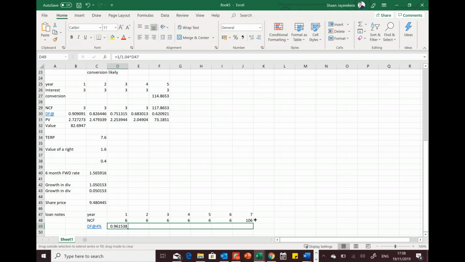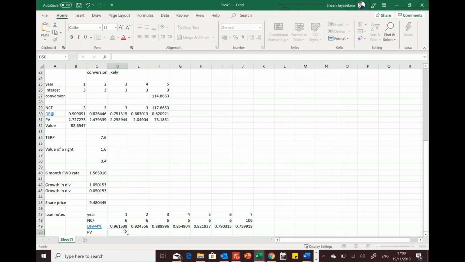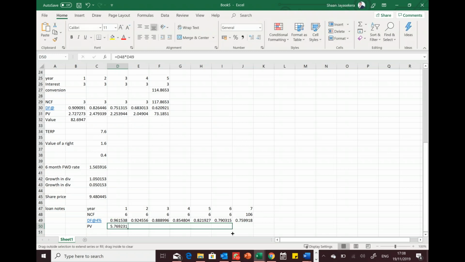Now in your exam, since you have an annuity here, you could have used the annuity factor. So the present value will be now this figure into that.